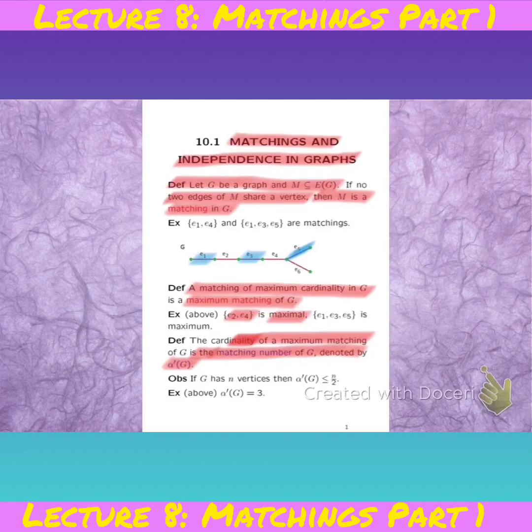Now, as an observation, the matching number is at most half the number of vertices. This should make sense because that is the largest number of edges that your matching can contain.